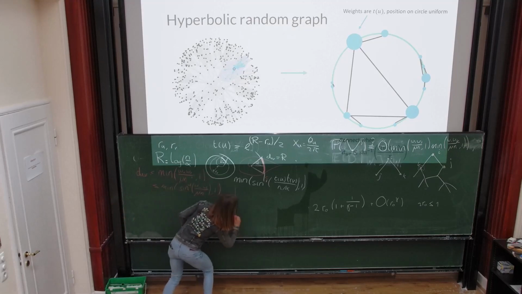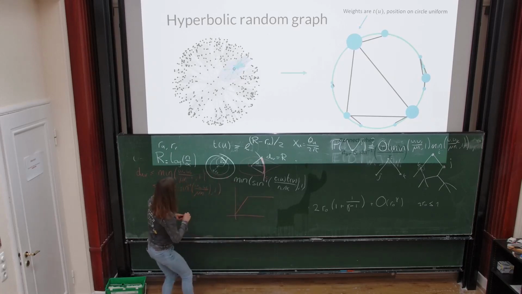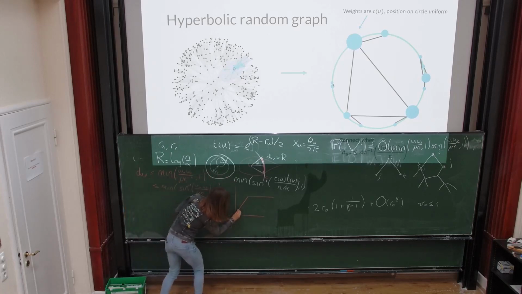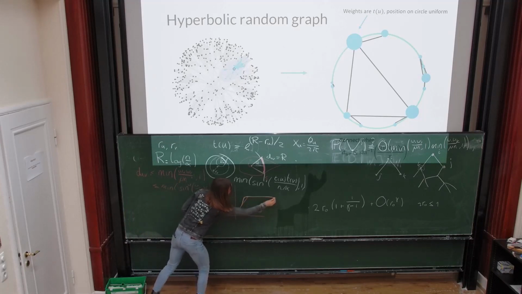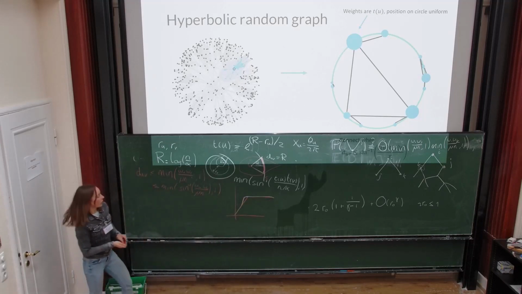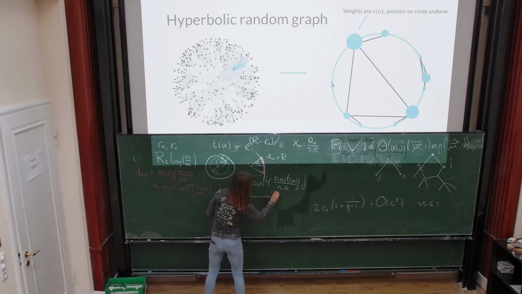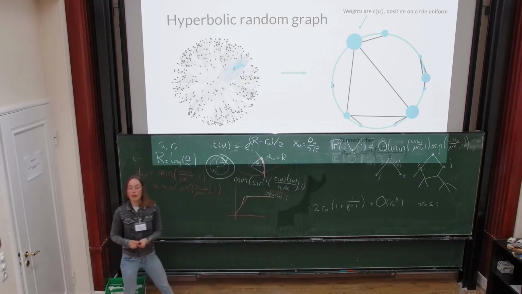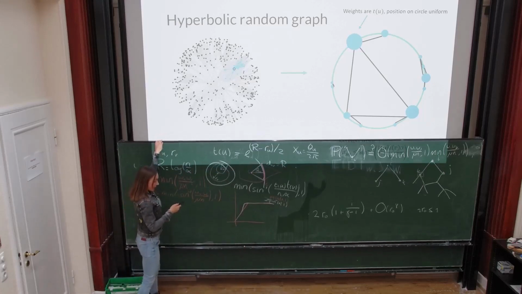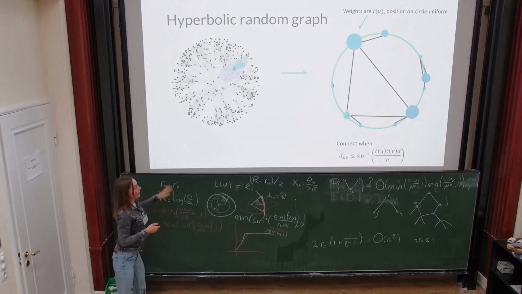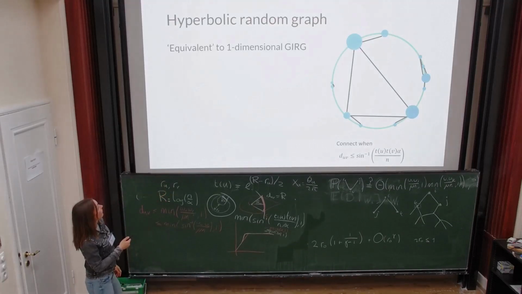So if you plot this, this is the minimum of x and 1, and this inverse sine will look something like this. So purple is the minimum, and this one is the minimum of the inverse sine. So they are actually quite close. I hope that it shows that these models should be roughly equivalent.